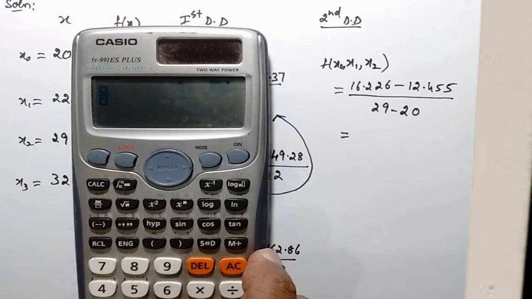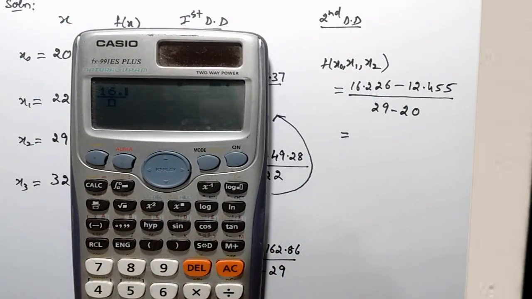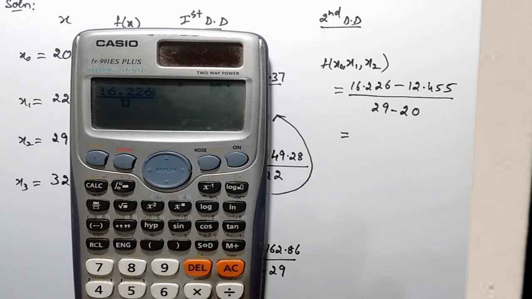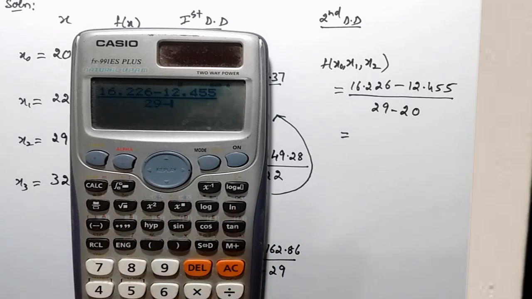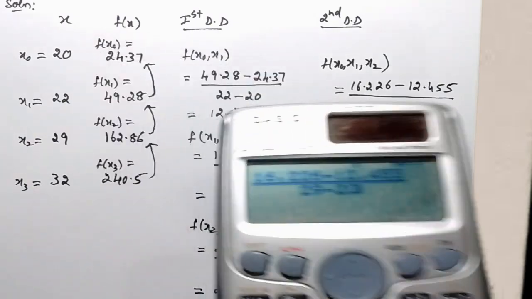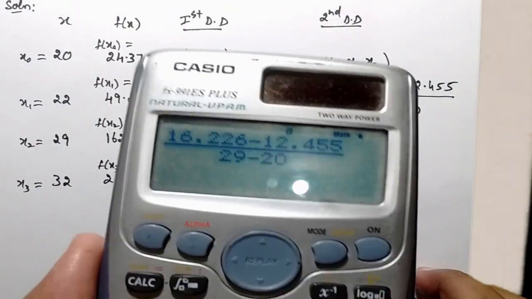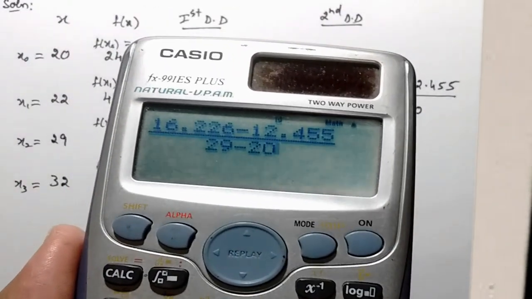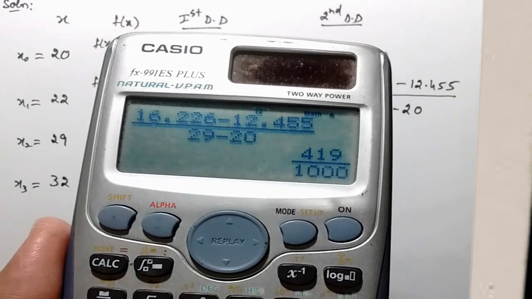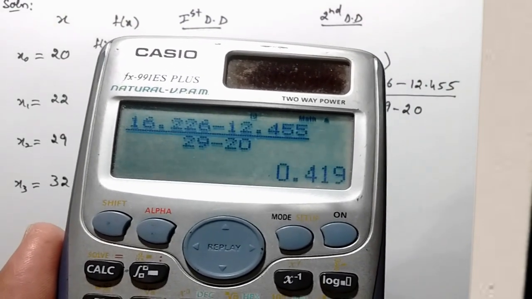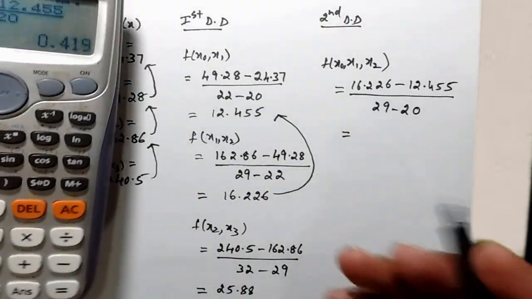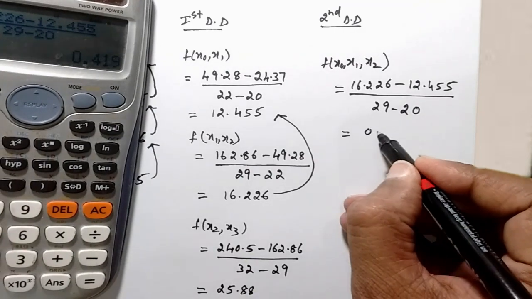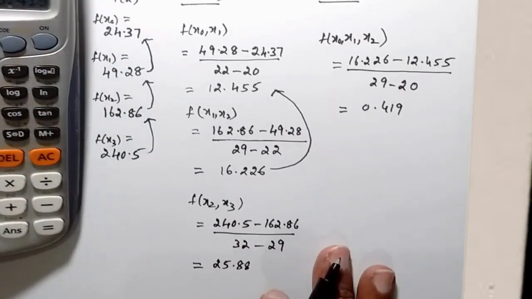I will be getting this 16.226 minus 12.455 divided by this 29 minus 20. Just see what I have typed there, right? That's the value you have. Just press equals to sign. So I'll be getting point, how much? 419. So that's the value you'll be getting, 0.419, right?